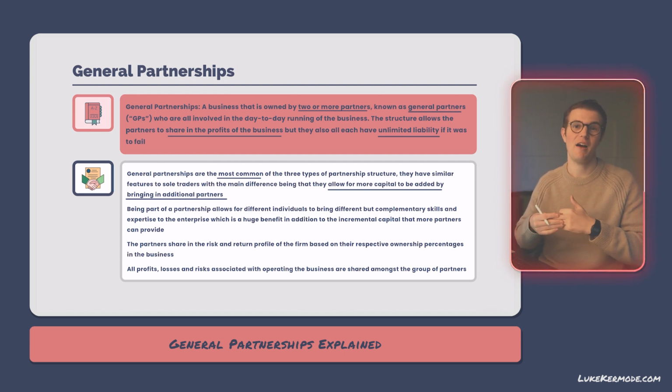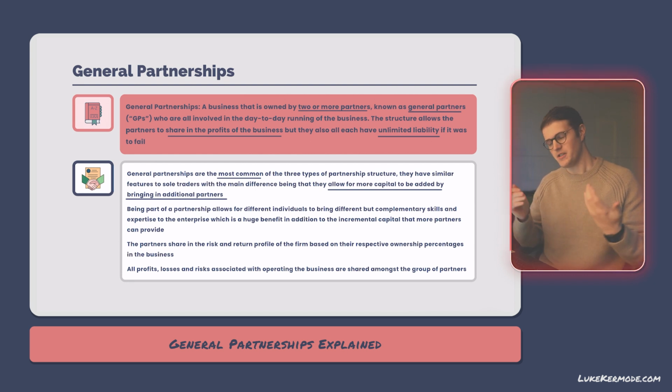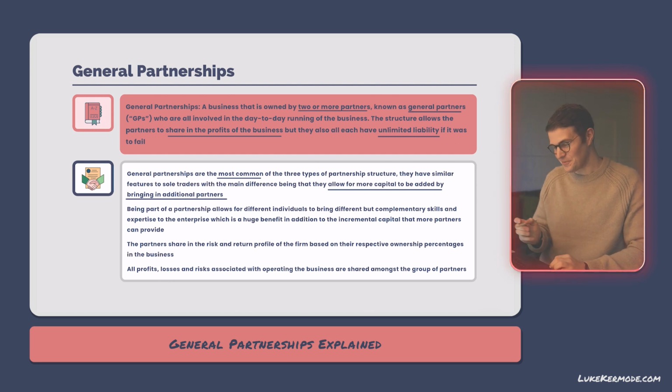By definition, it can only have one owner. So there's a limit to how much equity capital a sole proprietorship can raise through adding more owners. It's extremely limited, whereas in a general partnership, you can in theory keep on adding partners to keep injecting capital.